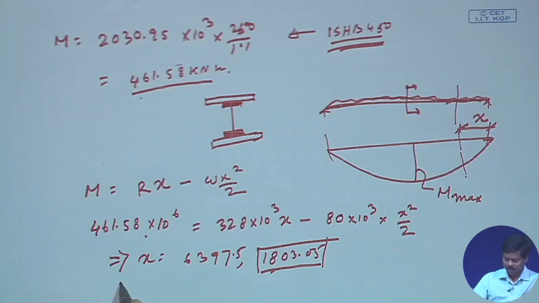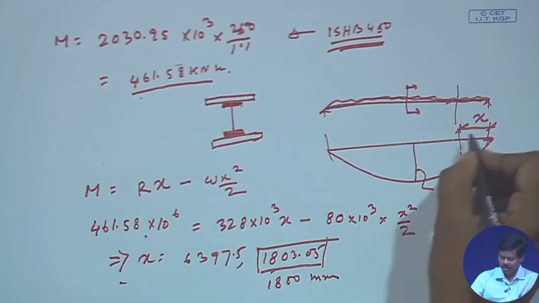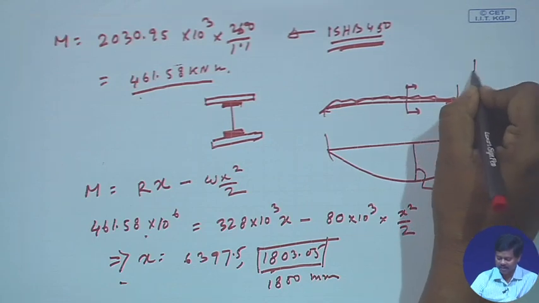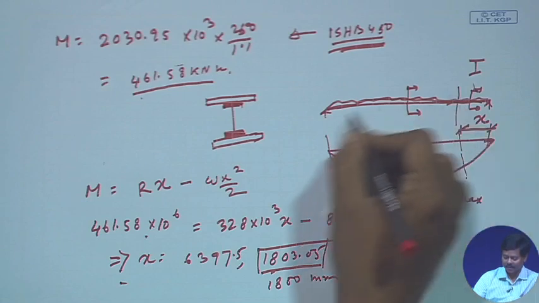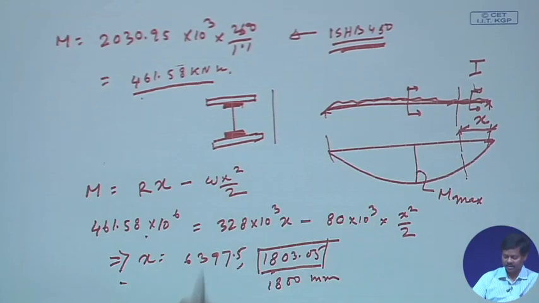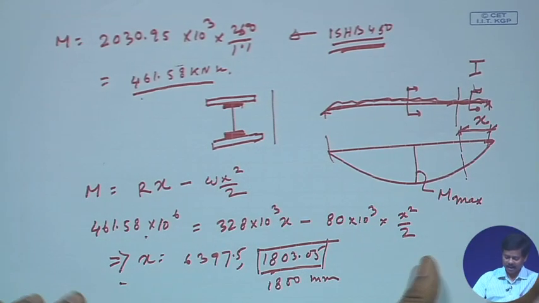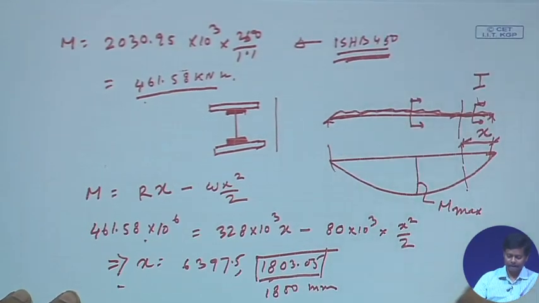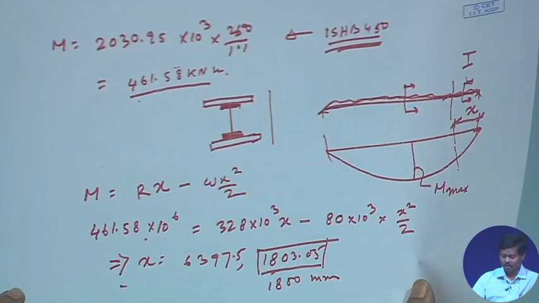That means the cutoff point I can make up to, say, 1800 mm. Say up to this I can provide simply the I section, and after that I can provide the built up section. So, in this way I can make economical use of the steel, right.